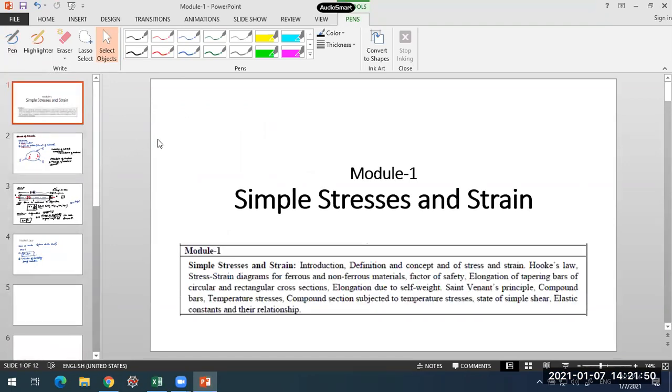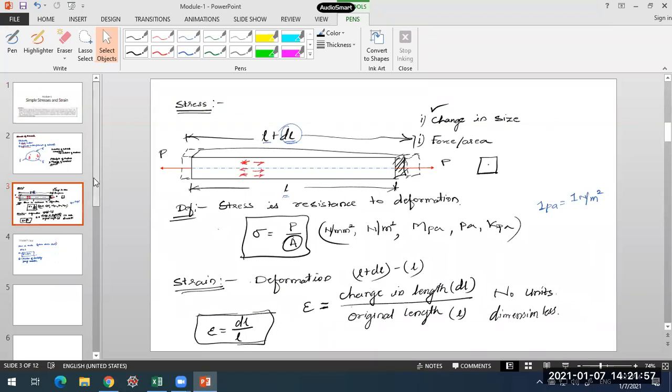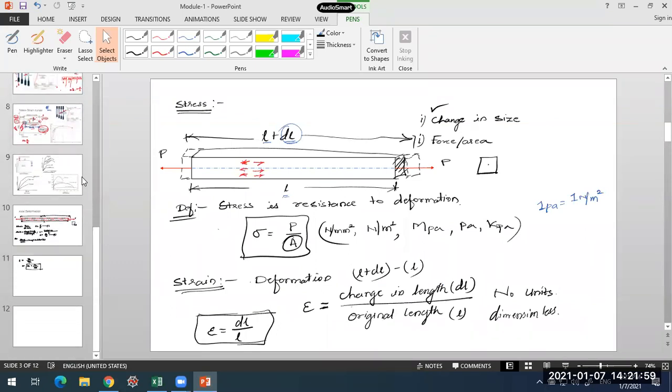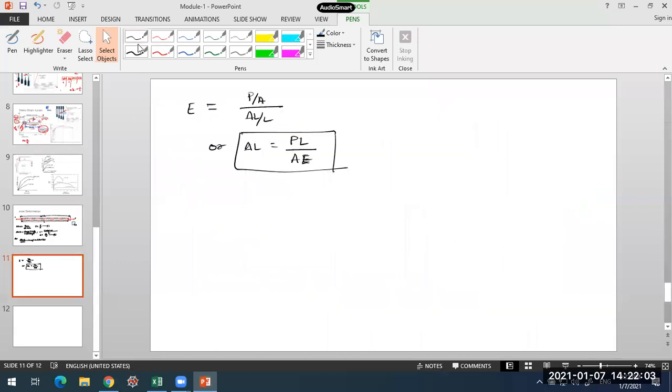Now, the next thing will be the factor of safety. We express factor of safety as a ratio of ultimate load to working load, or ultimate load to the yield load.